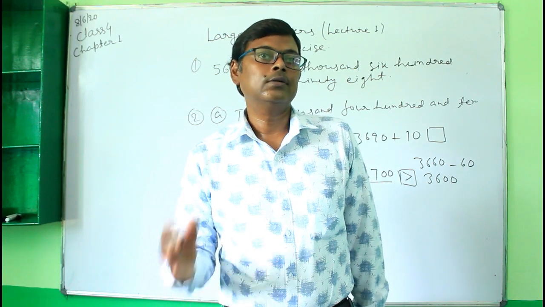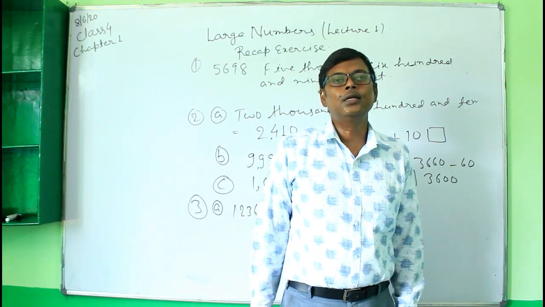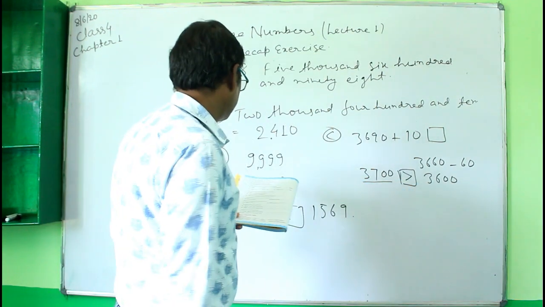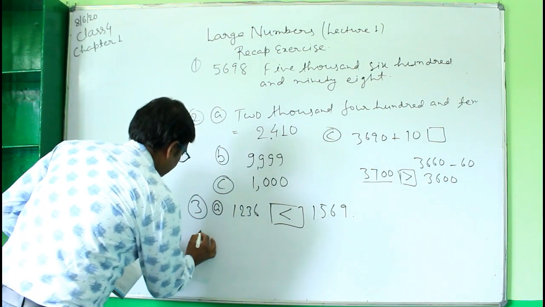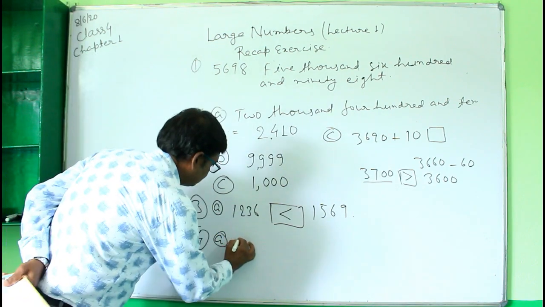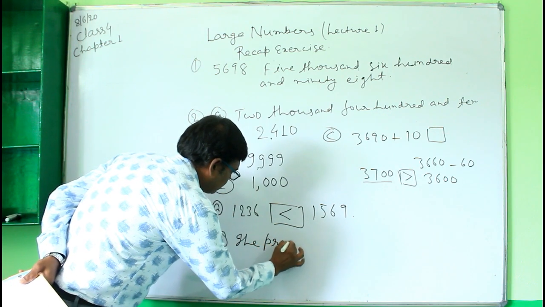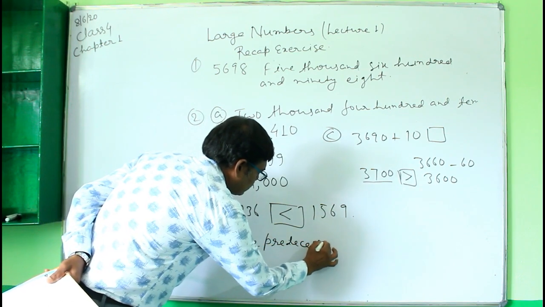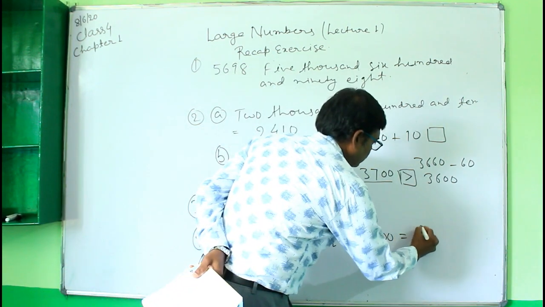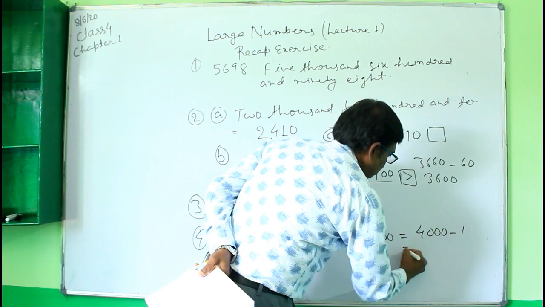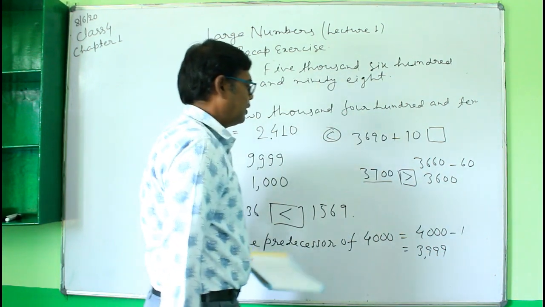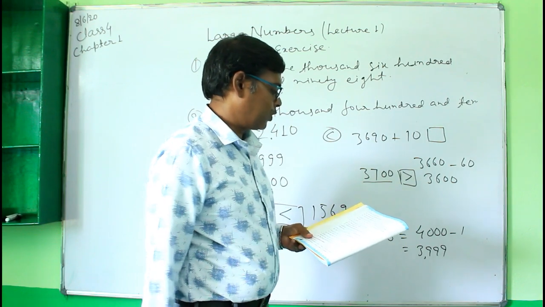When you subtract 1 from a given number, you will get the predecessor. So question number 4a: the predecessor of 4000 is equal to 4000 minus 1, that is 3999. This is the predecessor of 4000.